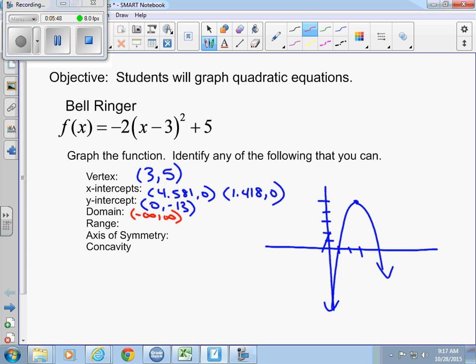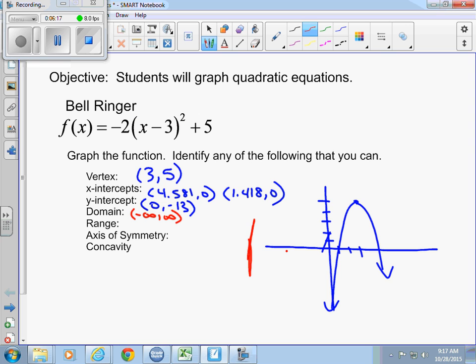For domain, you always start on the left and go to the right, not up and down. So forget down, left and right. Do I touch the graph way out here at negative infinity?